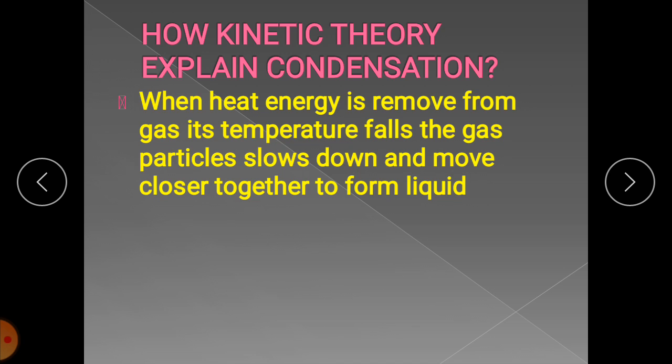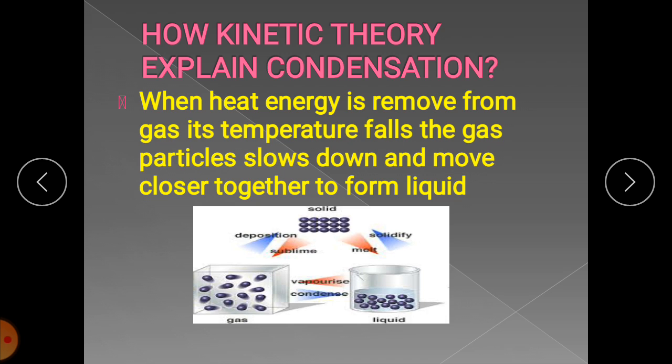Now, how kinetic theory explain condensation? When heat energy is removed from gas, its temperature falls, the gas particles slow down and move closer to form liquid. Here you can understand.